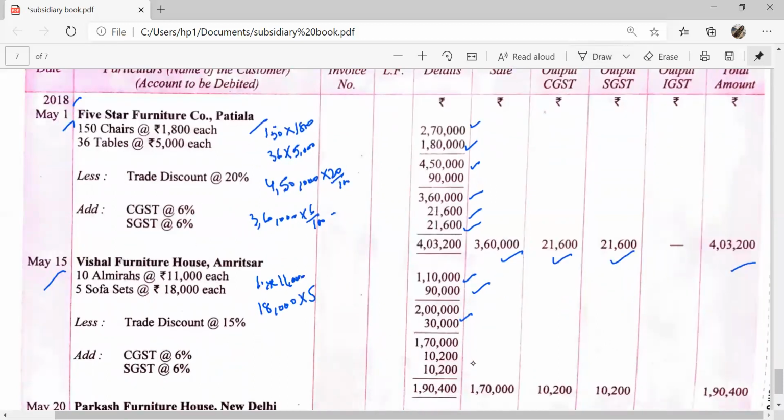After deducting trade discount, net sales are 1,70,000, and CGST and SGST is 1,70,000 into 6%, 10,200, and total amount is 1,90,400. In the sales column, we will record the net sales after deducting trade discount, 1,70,000, and in the output CGST column 10,200, output SGST column 10,200, output IGST blank, and total amount is 1,90,400.